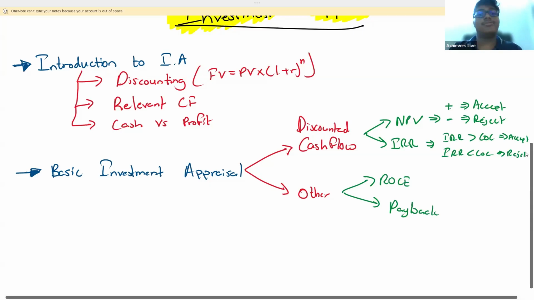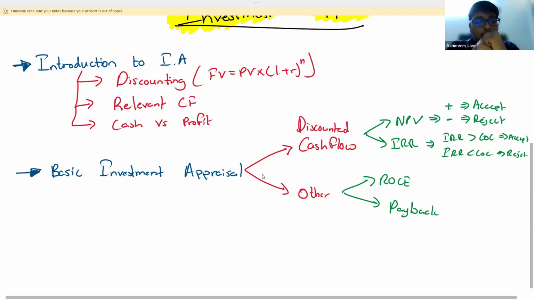Next, you need to know the advantages and disadvantages of IRR. Advantages: it considers the time value of money, it looks at the entire life of the project, it uses cash flows, and it is a relative measure.